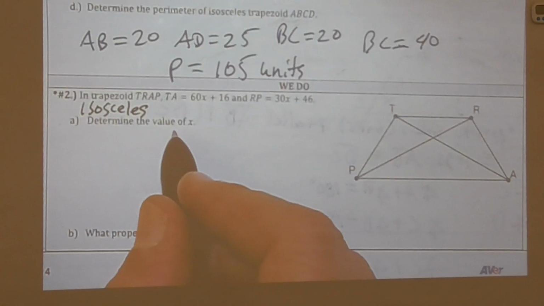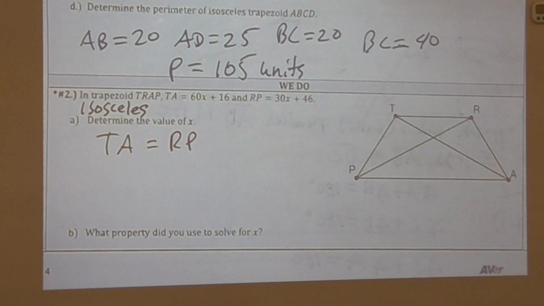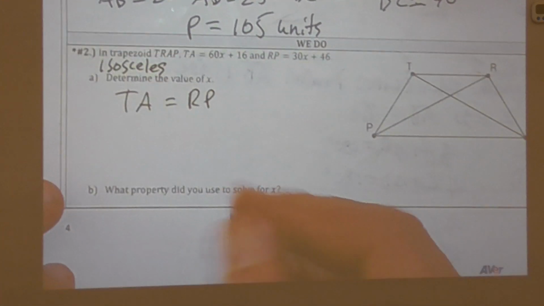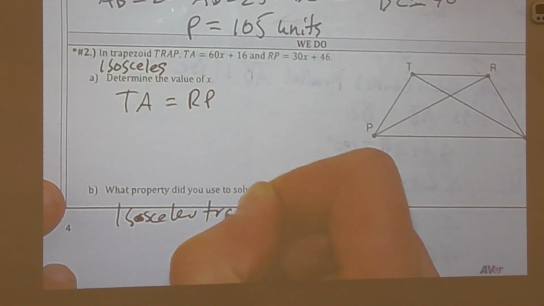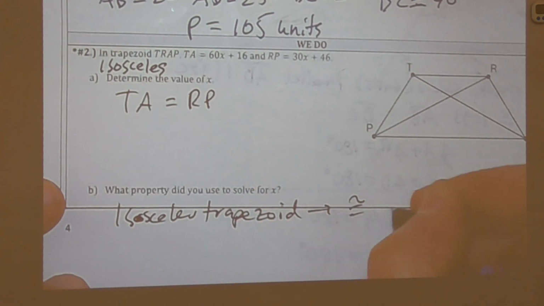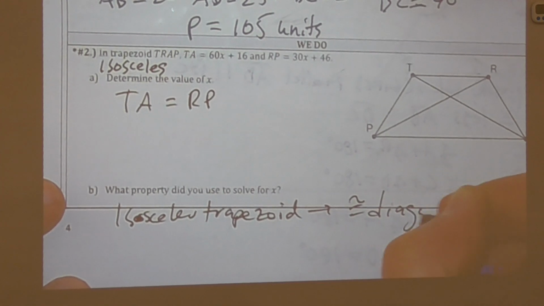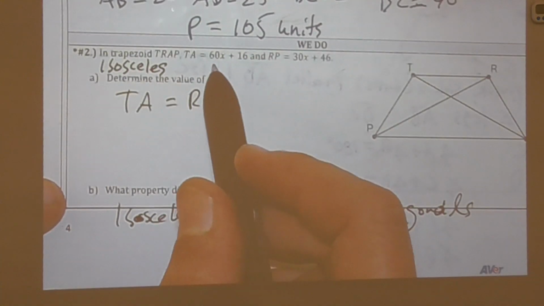So to determine the value of x, I can say TA is equal to RP. The reason I can say that is because an isosceles trapezoid has congruent diagonals. So now we'll substitute the expressions.